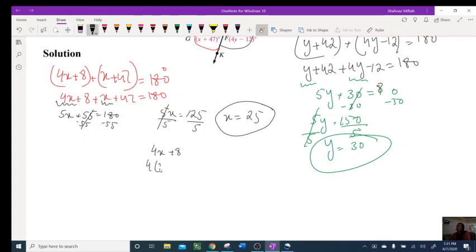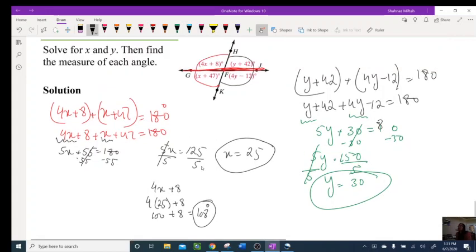So 4 times 25 plus 8. So let's use a calculator. 4 times 25 plus 8. 25 times 4 is going to give me 100 plus 8, and that would give me 108 degrees. So one of my angle, which is 4x plus 8, this portion is 108 degree. There you go. The angle GFH.